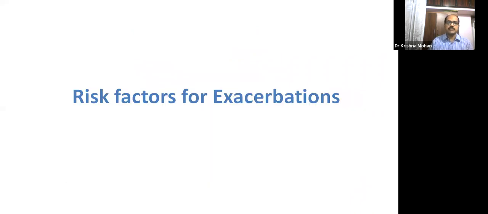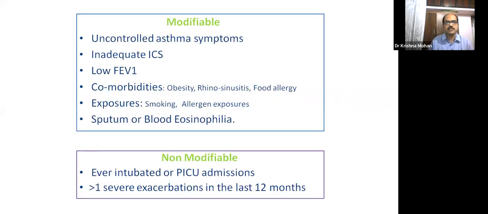Equally important are the risk factors for exacerbation. We should also know, are there any factors which predispose this child to an acute exacerbation? These are some of the important points which we have to ask in history. If these risk factors are present, we have to keep in mind that there is an increased chance of an acute exacerbation.